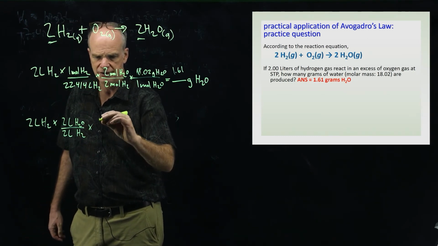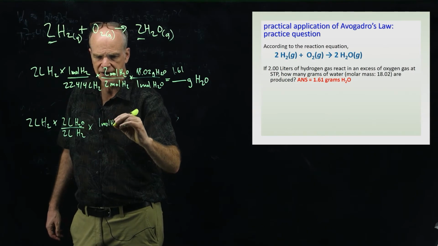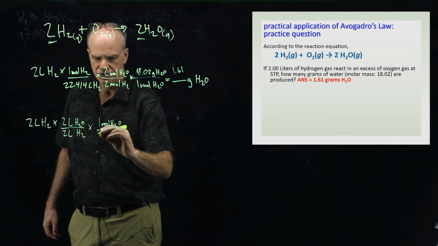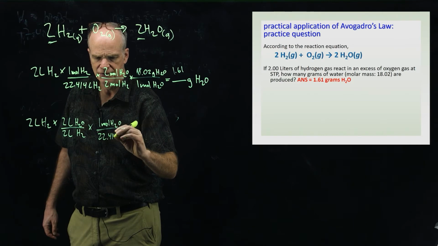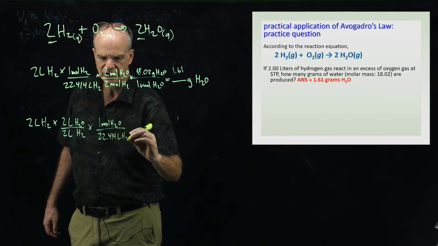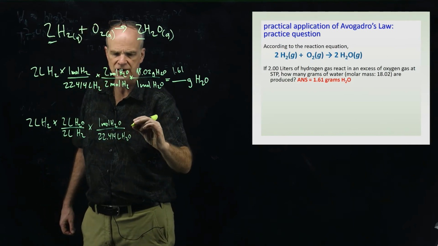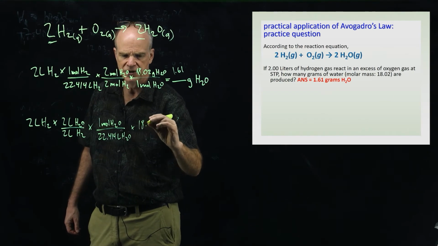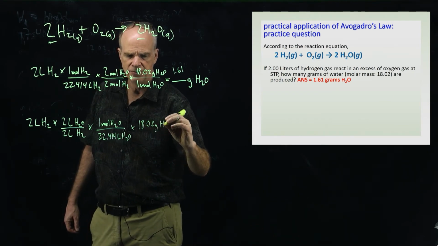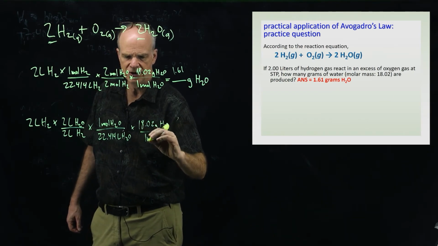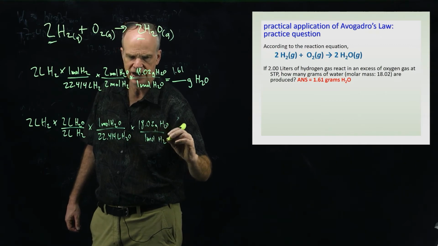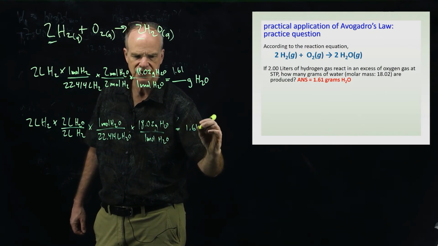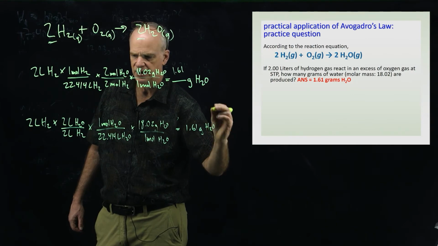So 1 mole of water is equal to 22.414 liters of water because we are at standard temperature and pressure. And then the final step would be to multiply this by the molar mass of water. If you do it this way, you should get exactly the same answer. So either way will be fine.